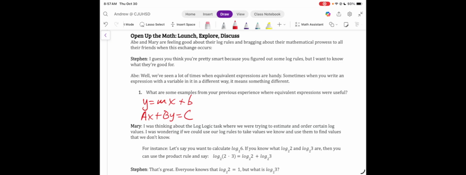Or maybe last year in Integrated 2, you looked at quadratics in standard form, and then maybe you looked at them in a slightly different form, which we call graphing form.